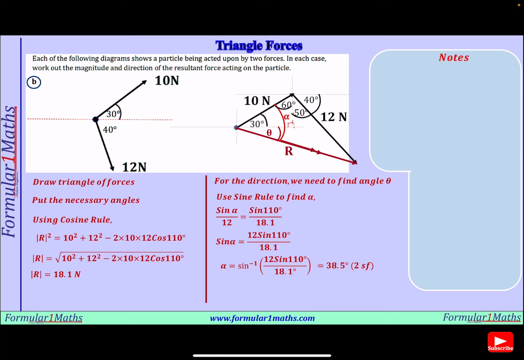To get this angle theta, we need to take away 30 from alpha. So theta is equal to 38.5 minus 30, and that's 8.5, exactly what we got before. And we formally state it as 8.5 degrees below the direction of the I vector.